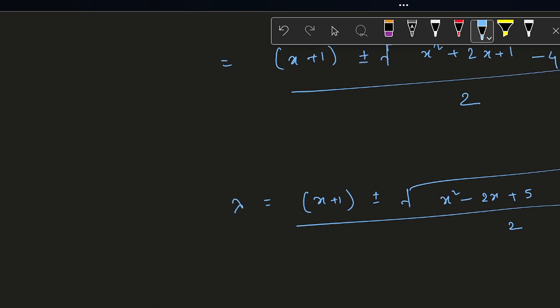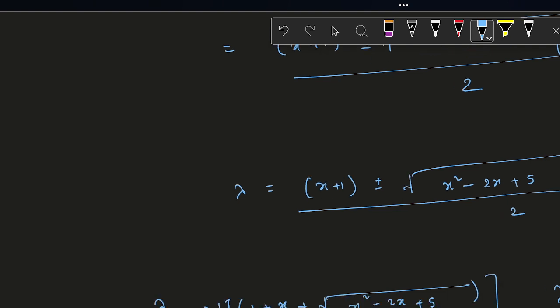One can be written down as lambda plus, which is half times (1 plus x plus root over x squared minus 2x plus 5), and your other root will be lambda minus, which is half times (1 plus x minus root over x squared minus 2x plus 5).